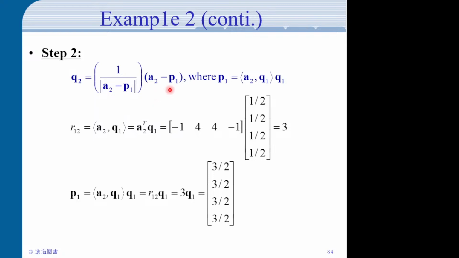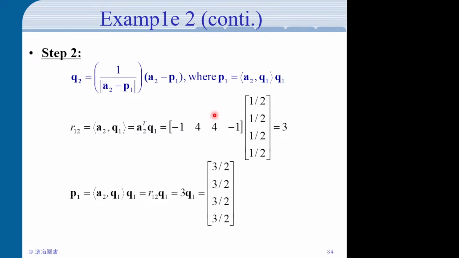The projection onto Q1 is the inner product of A2 with Q1 times Q1. We can calculate this pretty straightforwardly. A2 is (-1, 4, 4, -1), and Q1 is (1/2, 1/2, 1/2, 1/2). And we do the calculation.